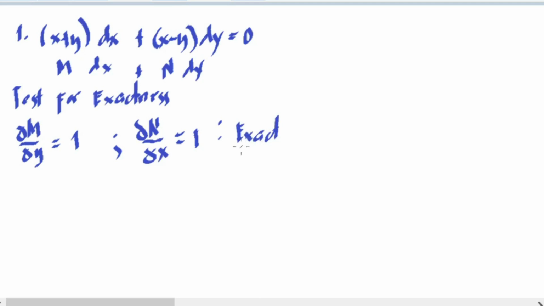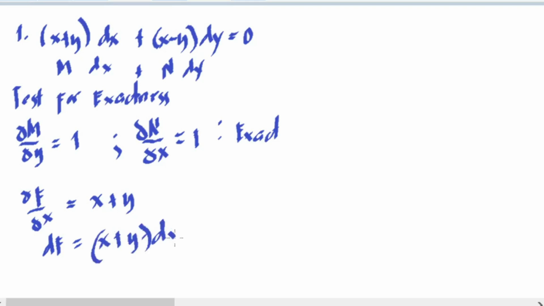Now that we have proven that it is exact, we have to integrate. We integrate the partial derivative of our f with respect to x, which should be equal to M, that is x plus y. So we have df equal to (x plus y) dx.